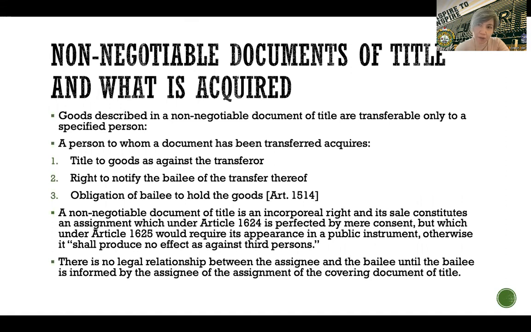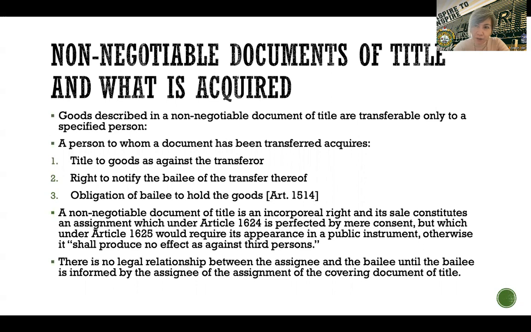And what the transferee acquires is title to goods as against the transferor, and the transferee has the right to notify the bailee, or the one who has actual custody of the goods, of the transfer of the document of title. And the transferee also acquires the right to enforce an obligation as against the bailee to hold the goods in favor of that transferee.